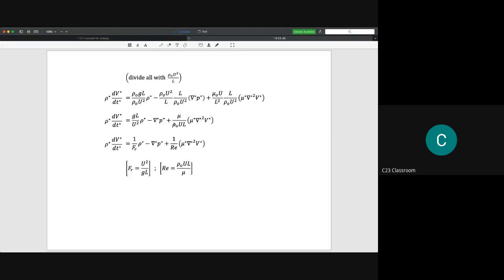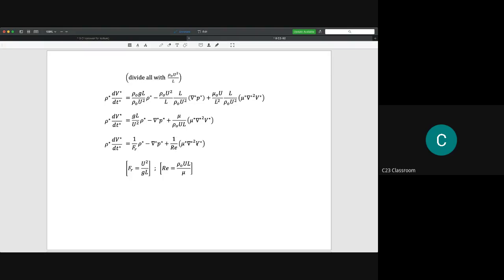So now we could change our idea. If you compare with our previous notes about the dimensionless parameters, gL over U square is actually the Froude number. And as you know, rho UL over mu is the Reynolds number. So in this situation, it will become 1 over the Reynolds number.